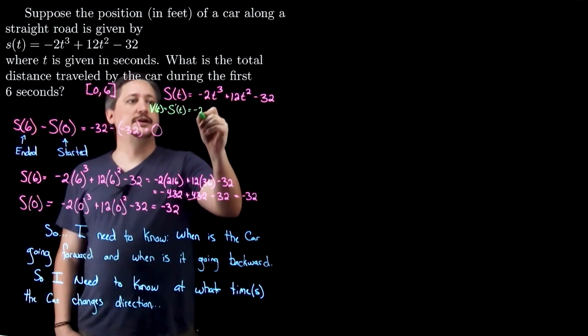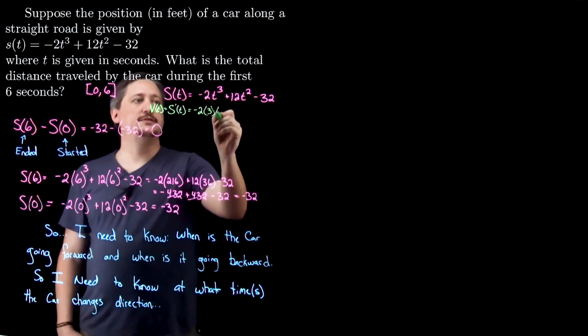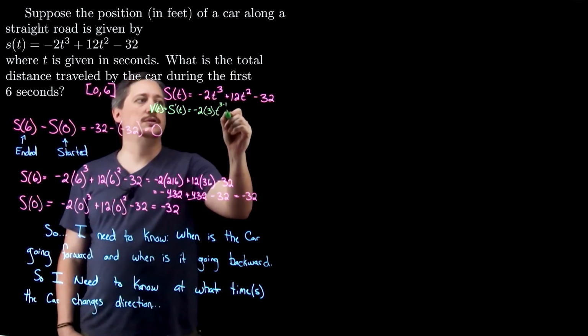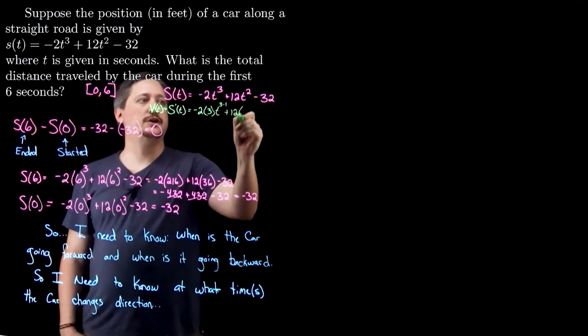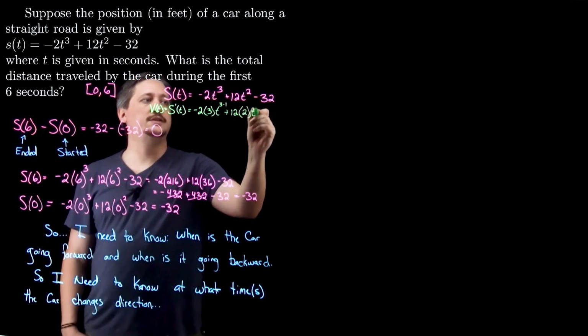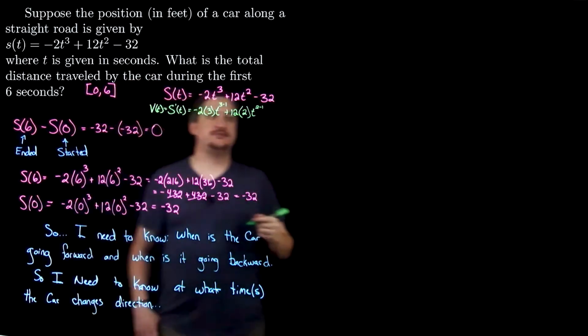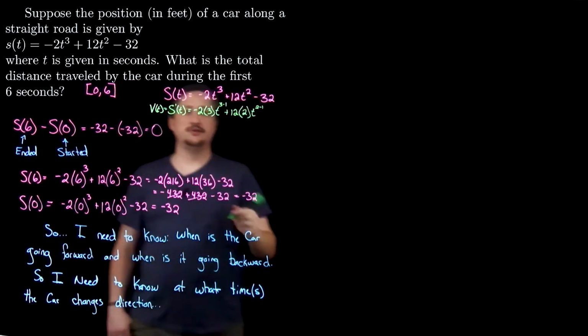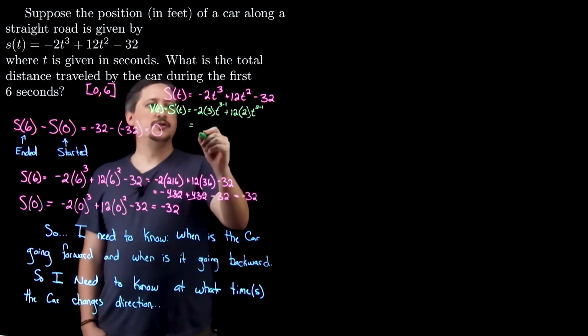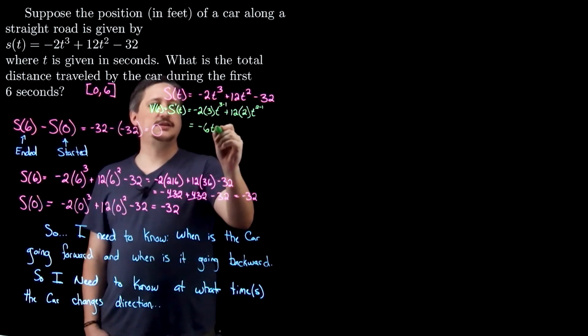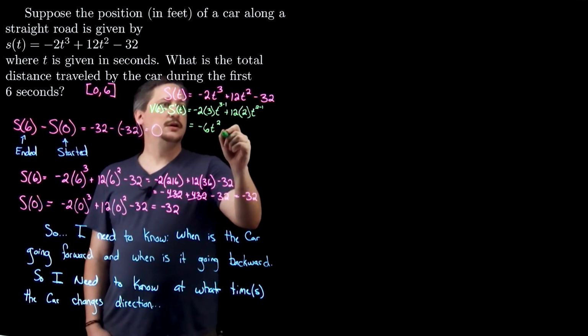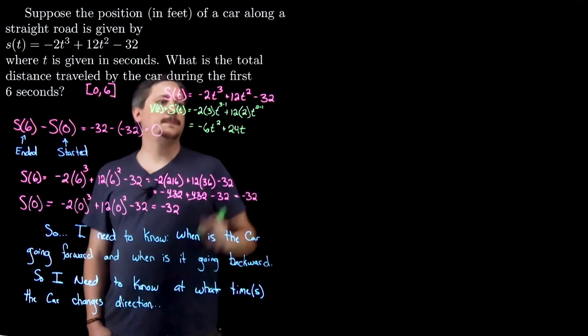So that's going to be -2 times 3t to the 3 minus 1 plus 12 times 2t to the 2 minus 1. And then minus 32 is just 0, right, because the derivative of a constant is 0. So I'm going to get minus 6t squared plus 24t.